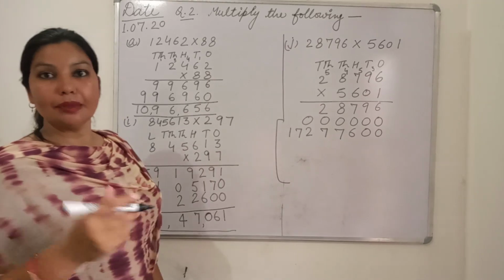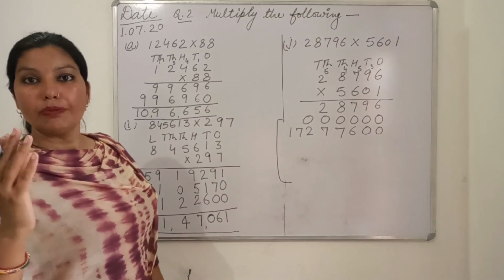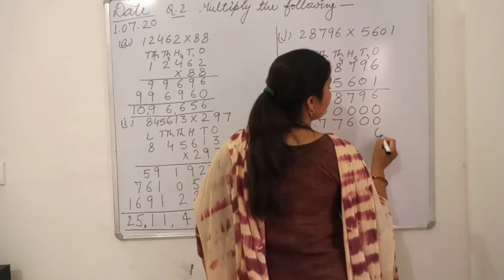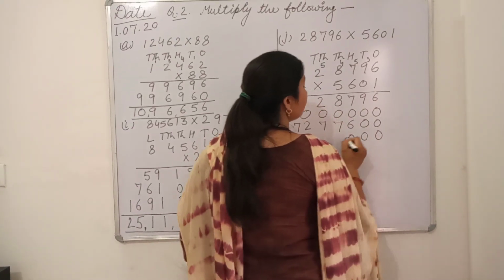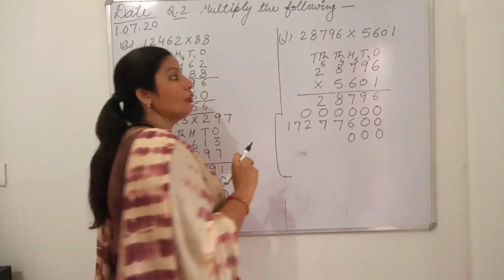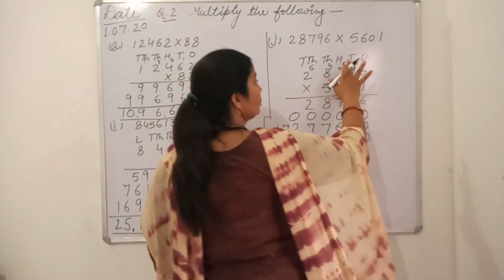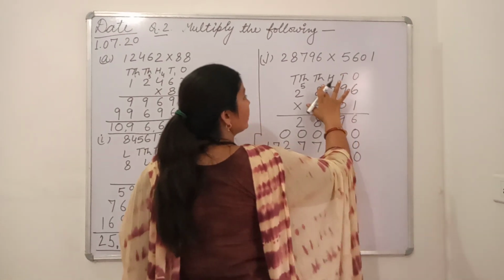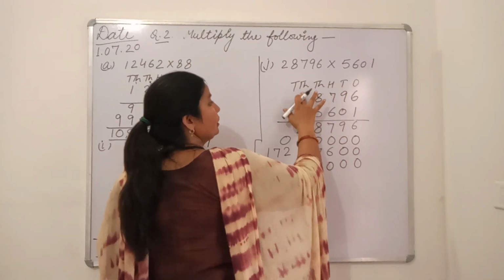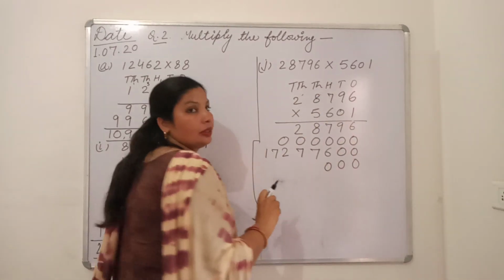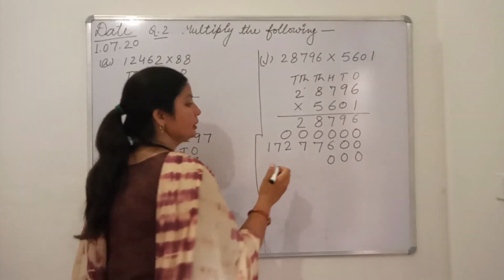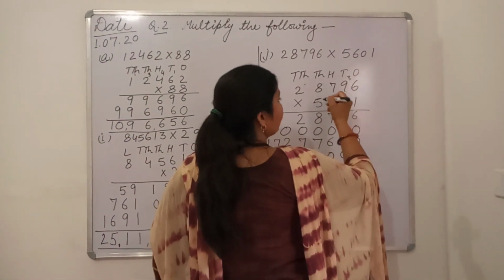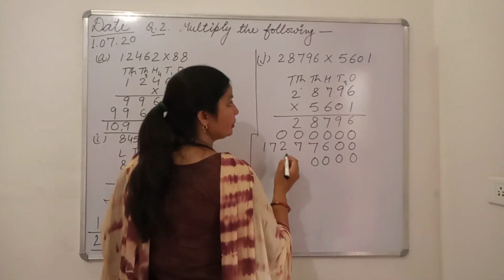Okay. Now next is 5,000. So we should multiply by 5,000. So the ones, tens, 100 columns will be 0. So ones 0, tens 0, 100 0. Now we multiply by 5. So now we can remove this carry. Okay. Now 5 6s are 30. 3 goes carry. 5 9s are 45.